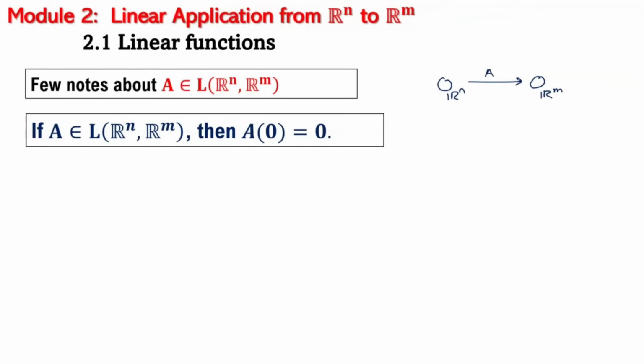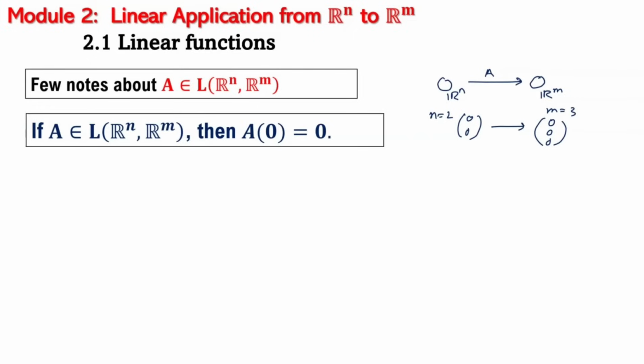If A is linear, it's guaranteed that 0 goes to 0. So if, let's say, n is equal to 2 and m is equal to 3, then (0, 0) will go to (0, 0, 0).